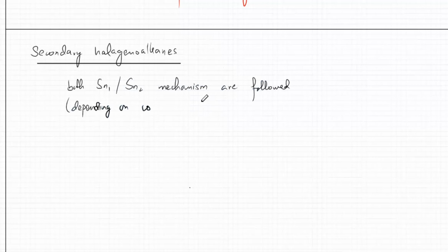So it all depends on conditions. A secondary halogenoalkane is this thing. It's got two carbon chains.